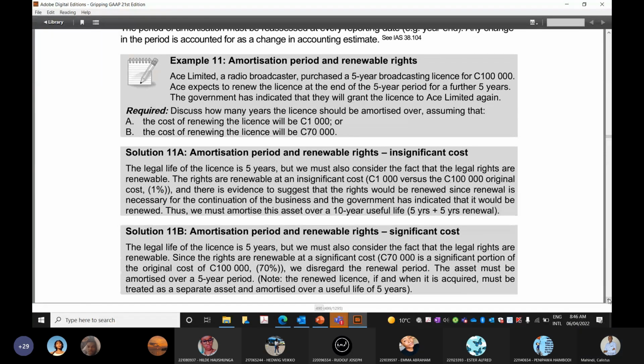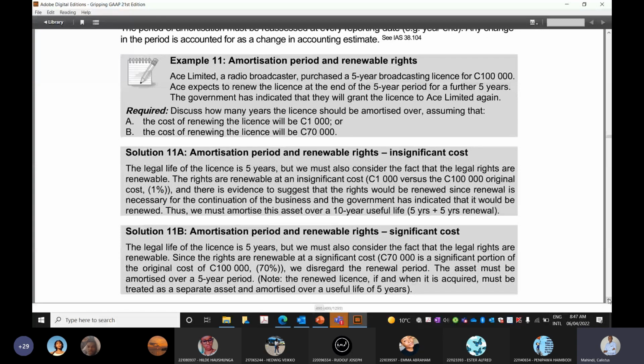Scenario B, where the cost of renewing the license is 70,000. The legal life of the license is 5 years. But we must also consider the fact that the legal rights are renewable. Since the rights are renewable at a significant cost, which is 70,000, that's a significant portion of the original cost of 100,000.